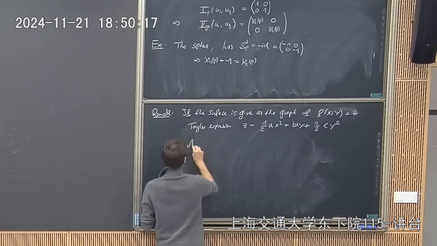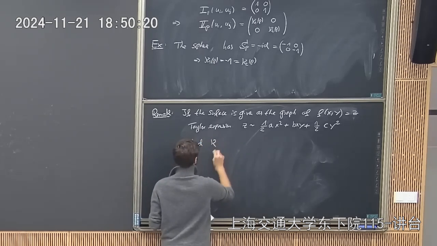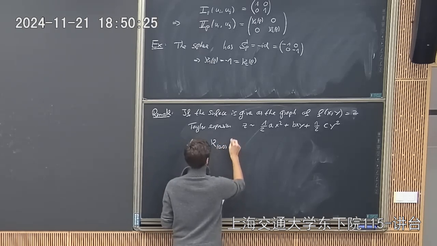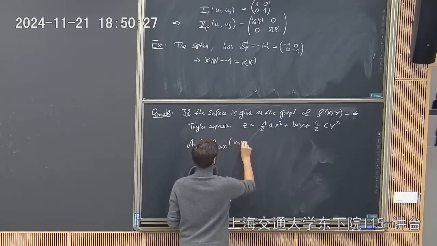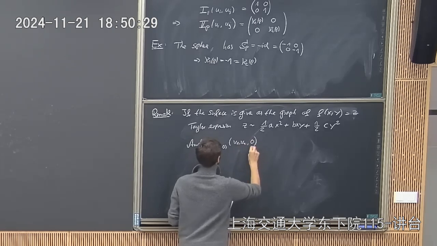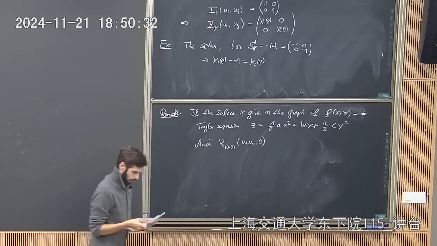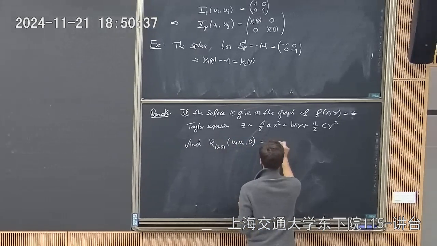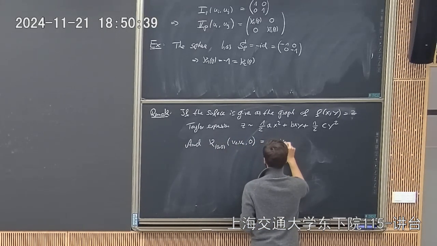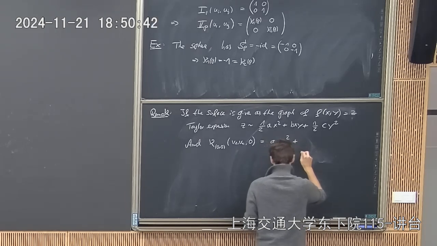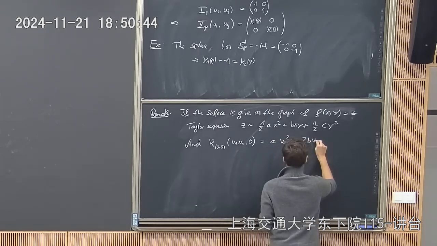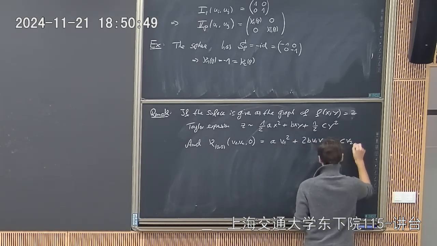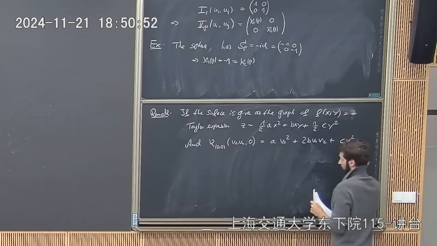And as we have seen at the beginning of the class today, the curvature, at least at the 0 point, is given in terms of the fundamental form by a v1 squared plus 2b v1 v2 plus c v2 squared.